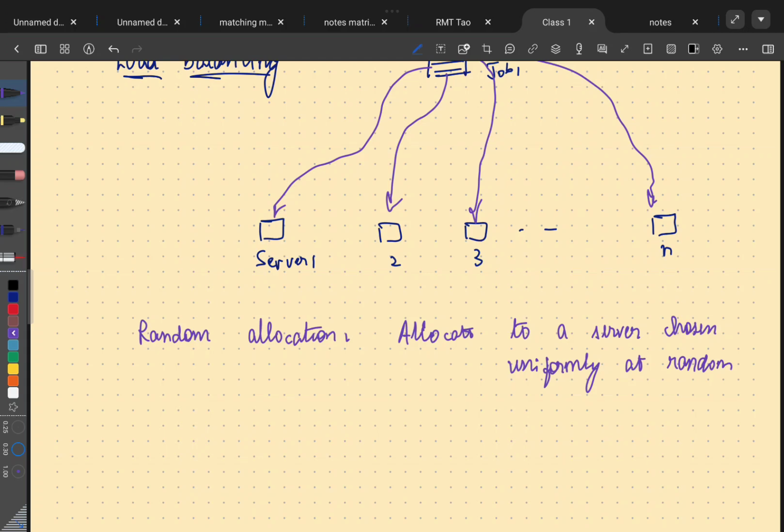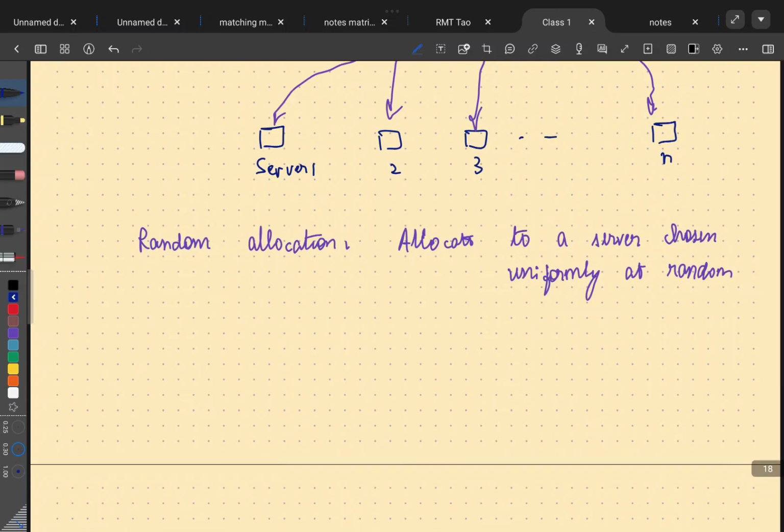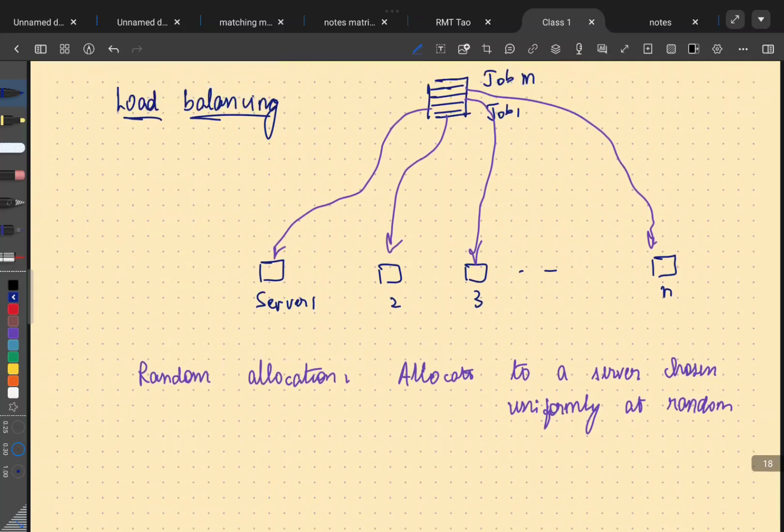This does not require a central entity deciding which job has to go to which server. Some new job comes, it just gets allotted a random server, and the server processes these jobs in whatever fashion it wants. This is very simple to implement, and in fact, some variant of this is actually implemented in practice. So this is one particular form of allocation.